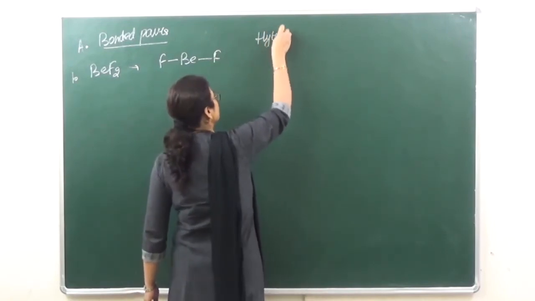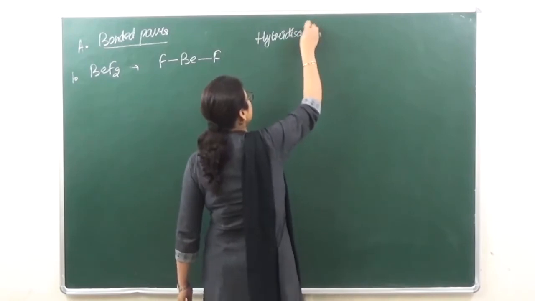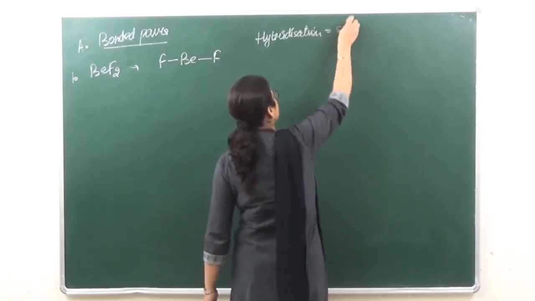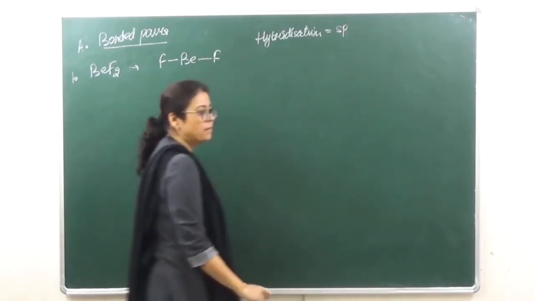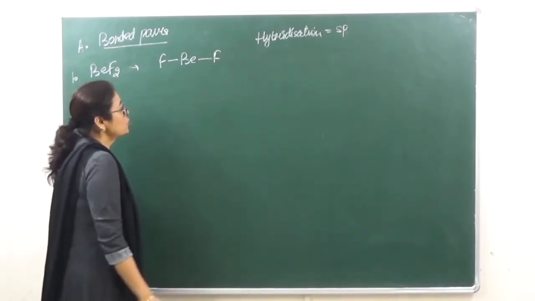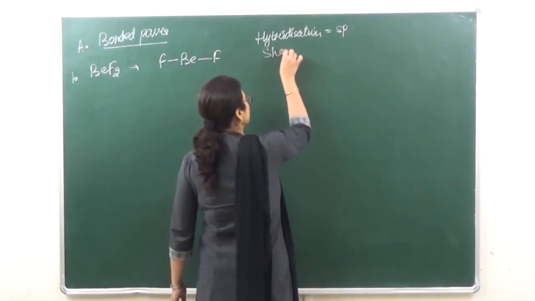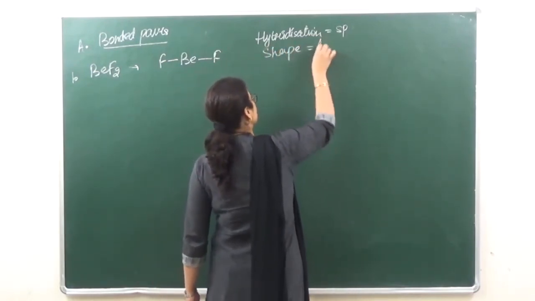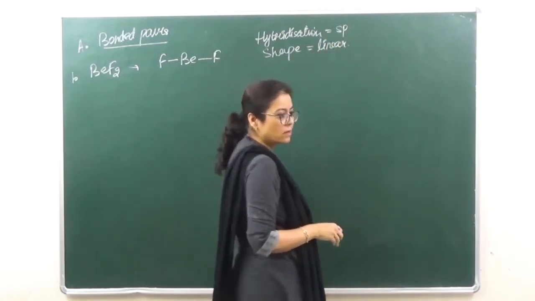Hybridization is sp. The shape, or geometry, is going to be linear.